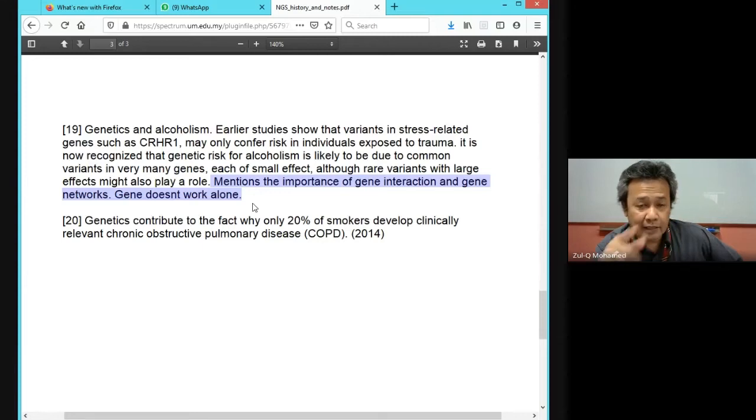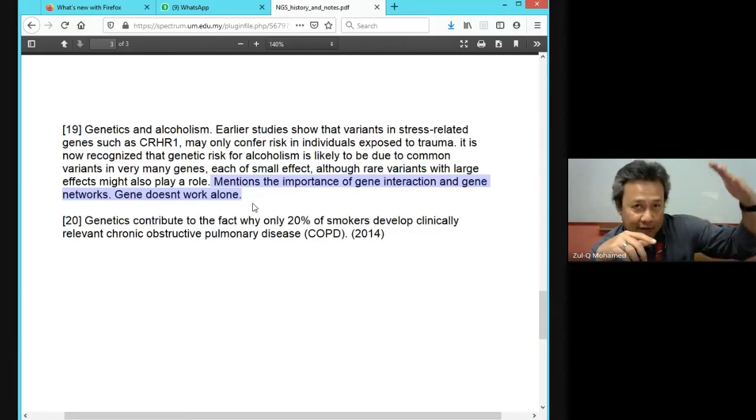If you look at the Strachan and Read book, Human Molecular Genetics, I think it's chapter 14, I said we stop at 14.3. After that, you start talking about complex diseases.